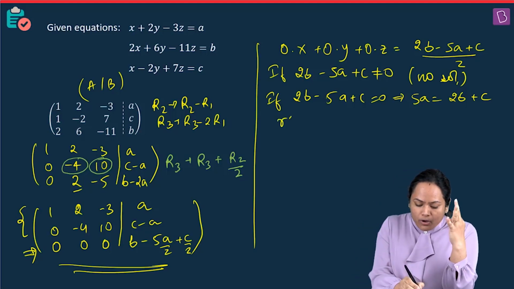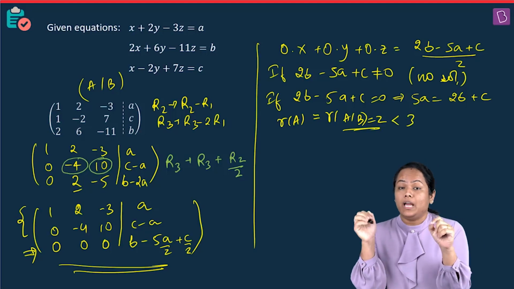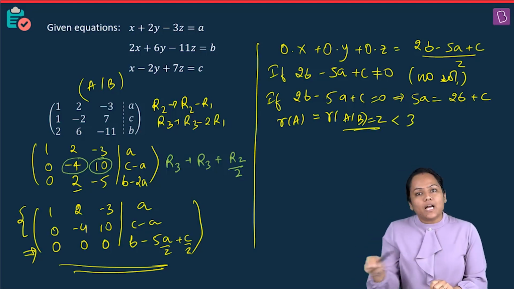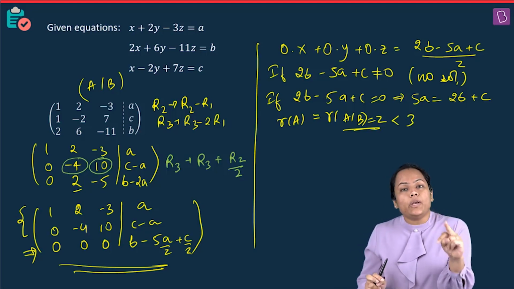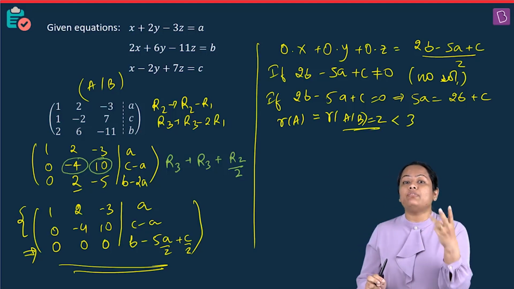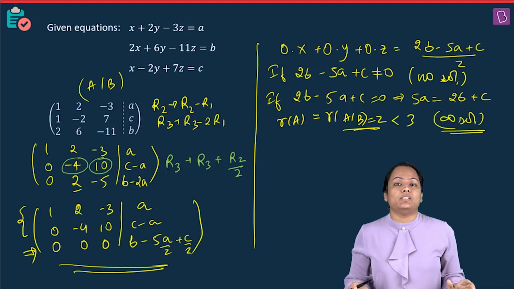So my rank of A and rank of AB will be equal to 2, which is less than the number of variables, which is 3. And when this happens, when the last row becomes 0 entirely, we are left with only 2 equations in x, y, and z, and we have to find 3 variables. We say that this is the condition for infinite solutions.